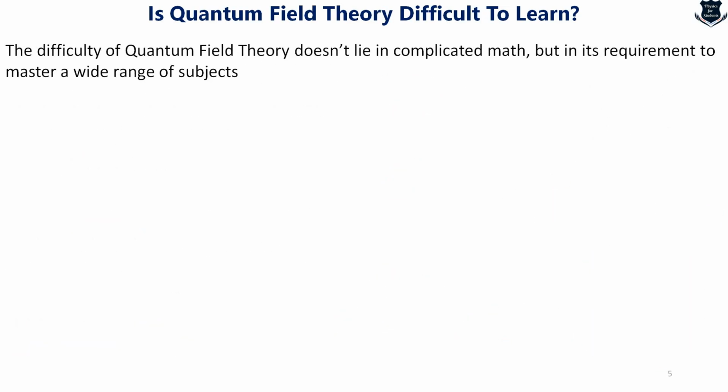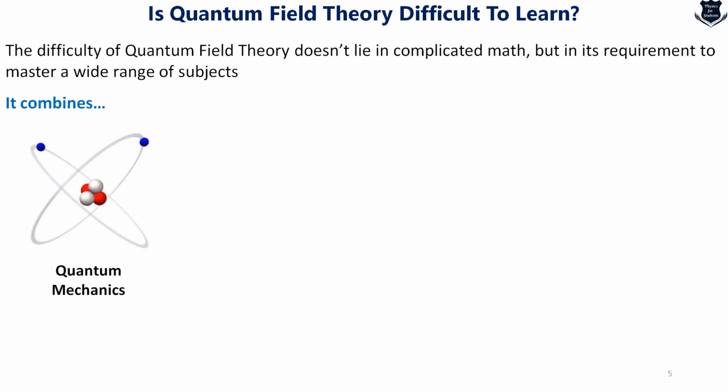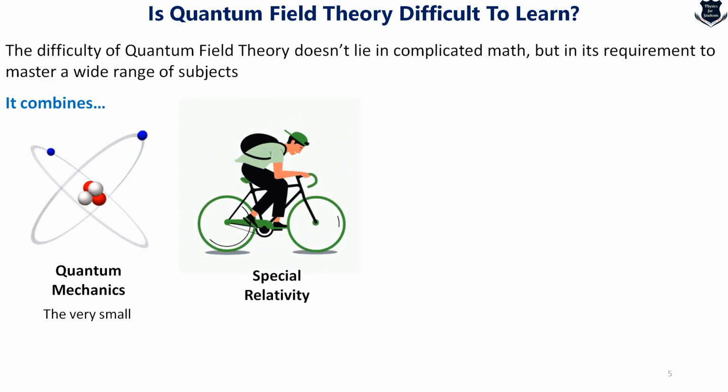Now, the difficulty of quantum field theory in terms of learning is not at all complicated math, which I have understood. So why is it difficult? Because it combines a wide range of subjects. For example, one is quantum mechanics, which is the realm of the very small. Next, you also need to know about Einstein's special theory of relativity, which is about objects moving close to the speed of light.